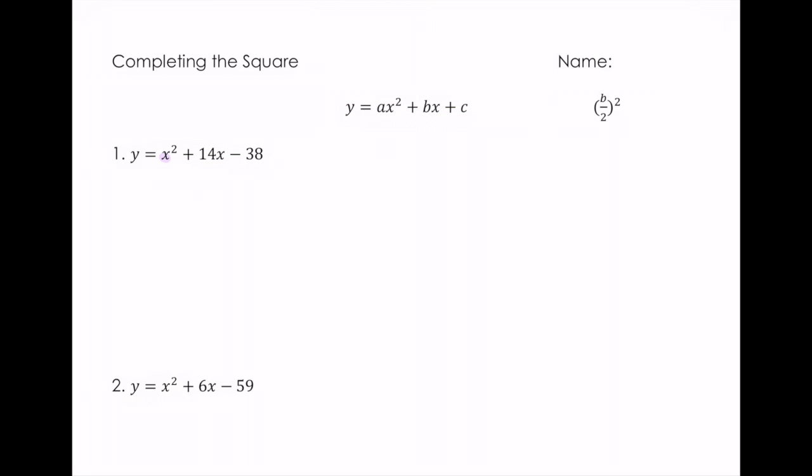What we want to look at right now is what is the b value, because we're going to use that to complete the square. So this b value is the number in front of x. And I can see in this case that b is 14. So I'm going to use that fact here.